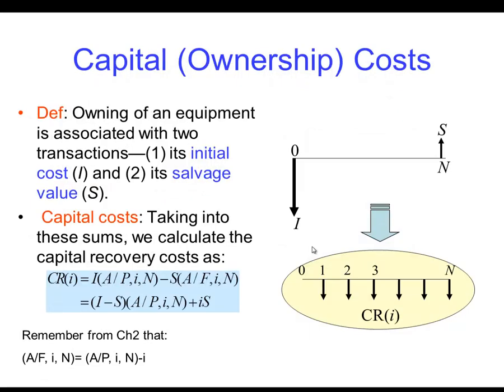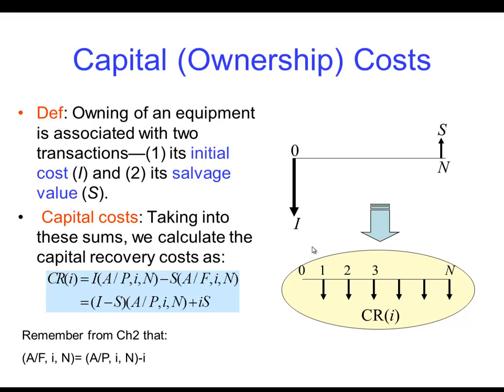There are two transactions associated with owning an equipment or a machine. Once you buy that machine and put it in that building, there are two transactions associated with being able to own that machine. The first transaction is the initial cost that you pay when you buy that piece of equipment, while the other transaction is the salvage value, which will happen at the end of that machine's life cycle or at the end of the service.